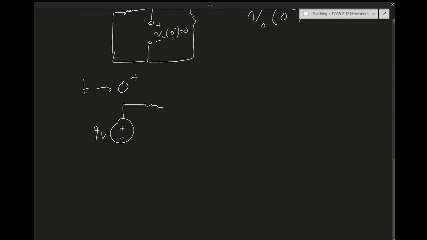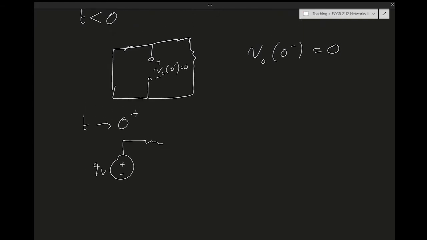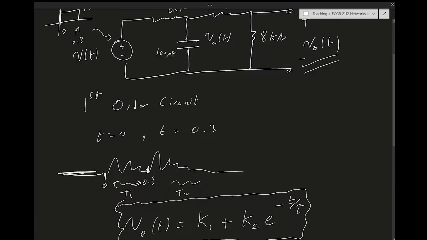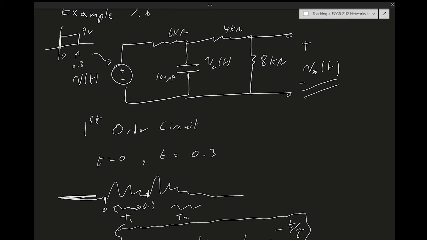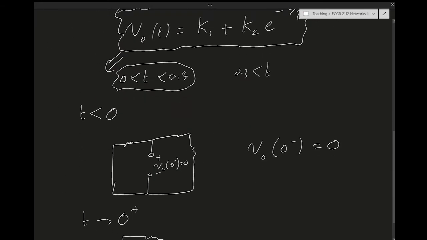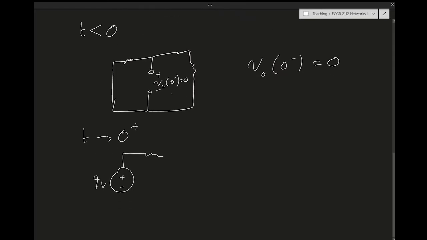Let me see if there's an initial condition. The cap is not charged. Anyway, since the voltage is 0 at t less than 0, that voltage is going to discharge the cap. The cap would have been discharged long ago. So the capacitor has an initial condition of 0. But at 0 plus, the capacitor will still maintain the 0 volt.